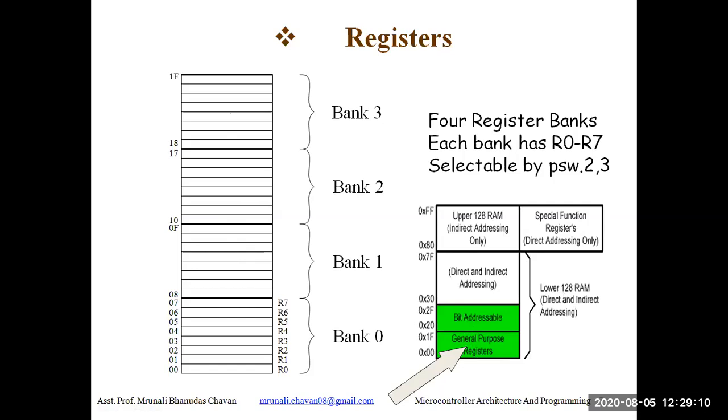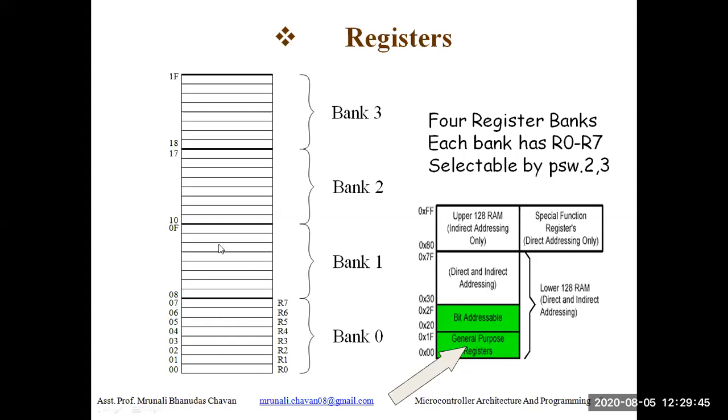So they are organized as 4 register banks. RAM locations 00 to 07H are set aside for bank 0, that is registers R0 to R7, where R0 is RAM location 00H, R1 has RAM location 01H, R2 has 02H, and likewise R7 has 07H.